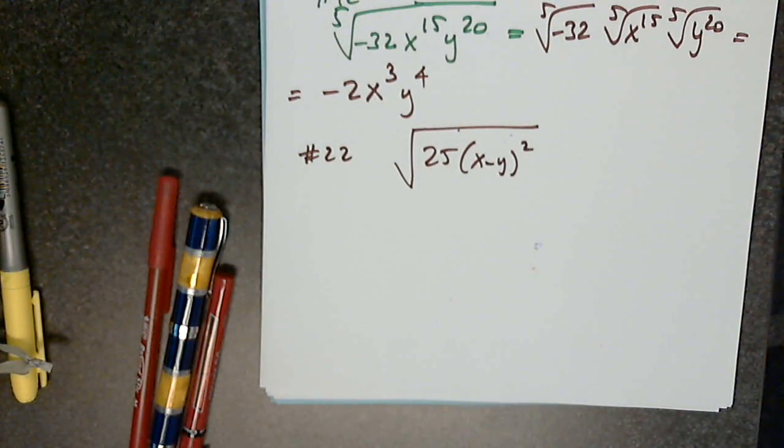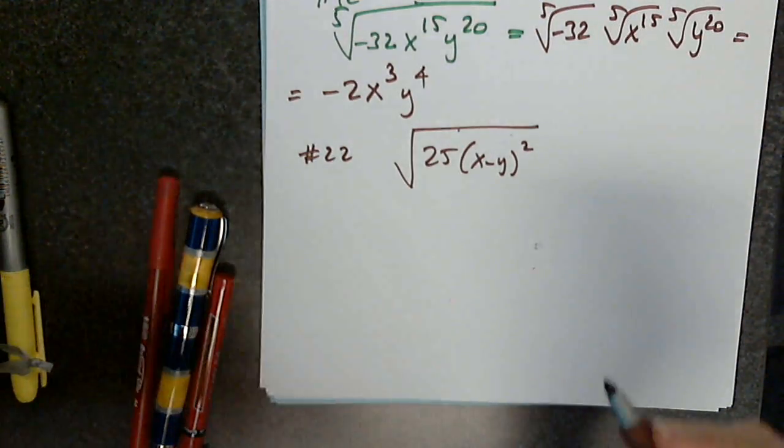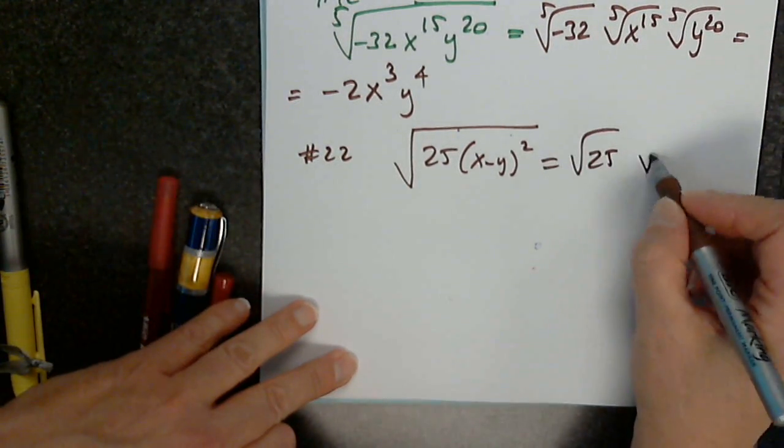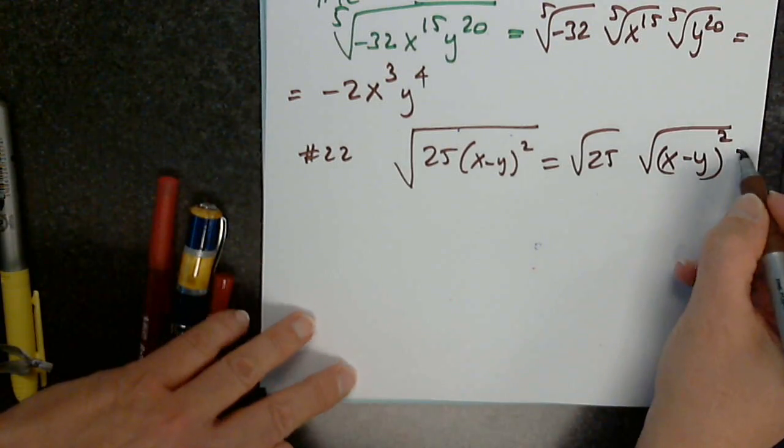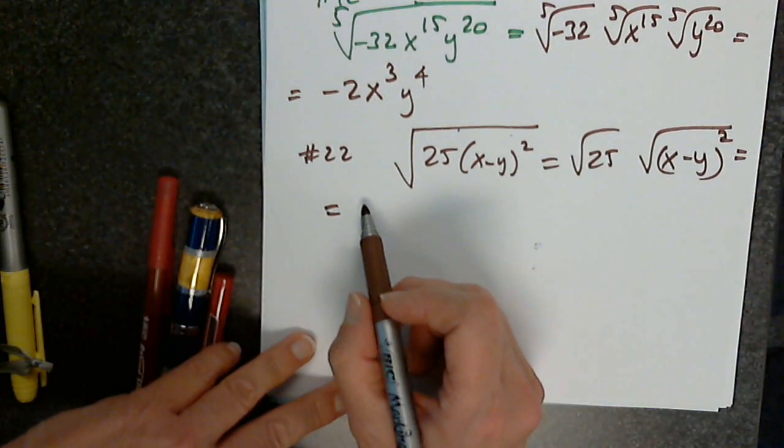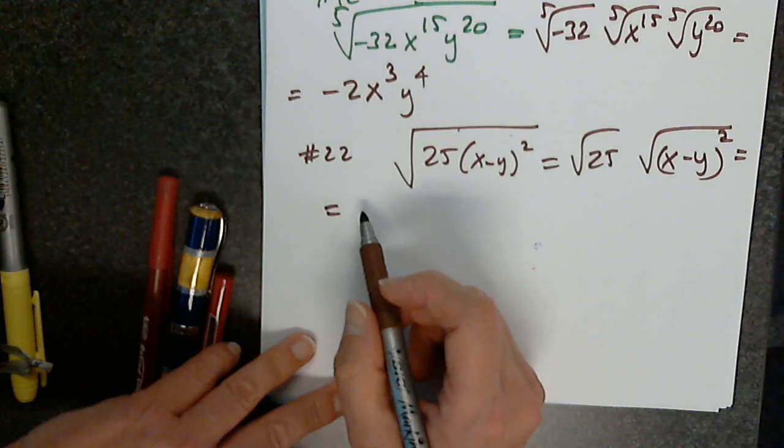Here we are told variables can be any real number. So let's simplify this, please. You separate them first. Absolutely. And then a squared plus 2ab plus b squared.